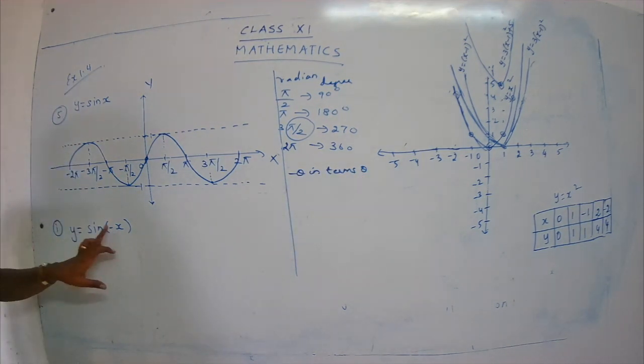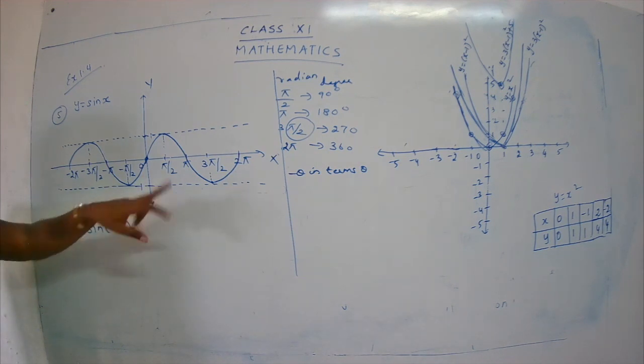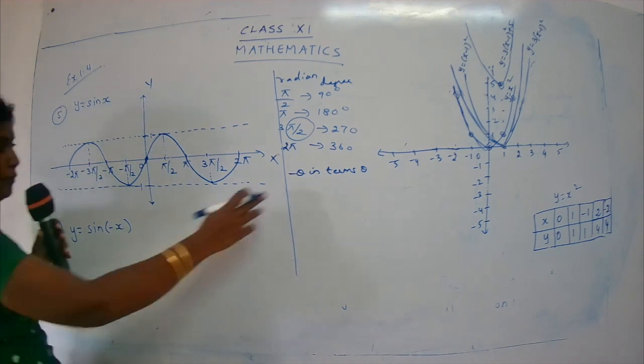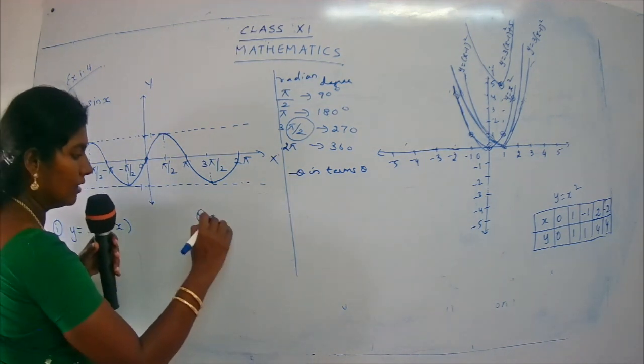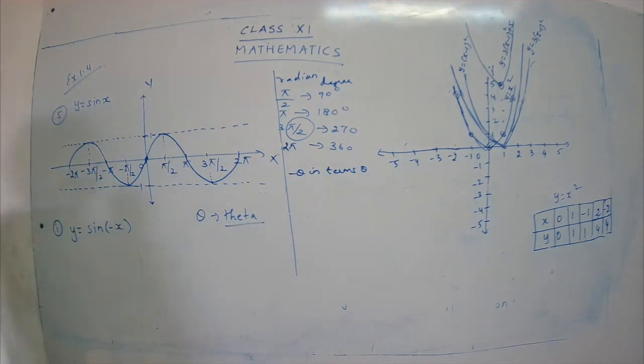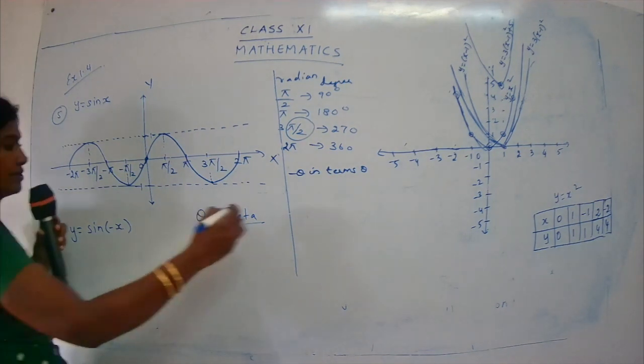So let's see. Here it's minus x, so let's see how to change this minus theta in terms of theta. Here instead of theta they have given you x. I hope you remember this sign as theta, T-H-E-T-A, theta. Okay. So we have totally 6 trigonometric functions.